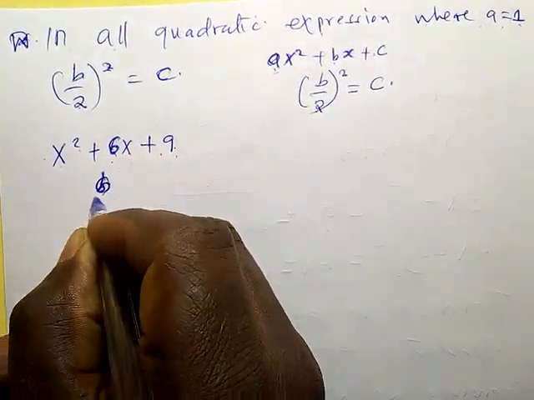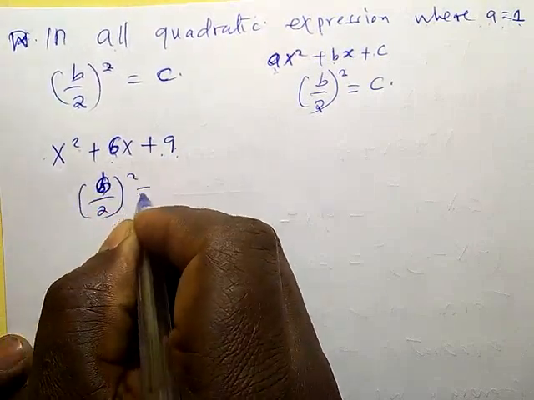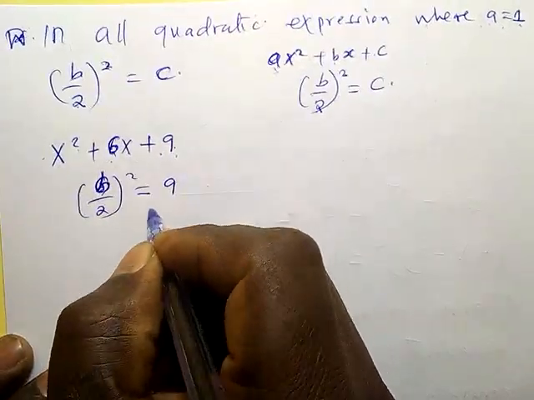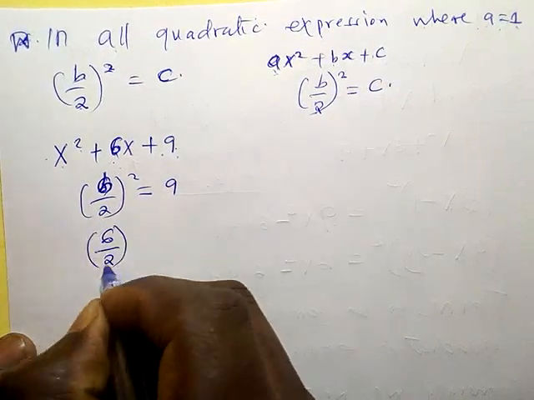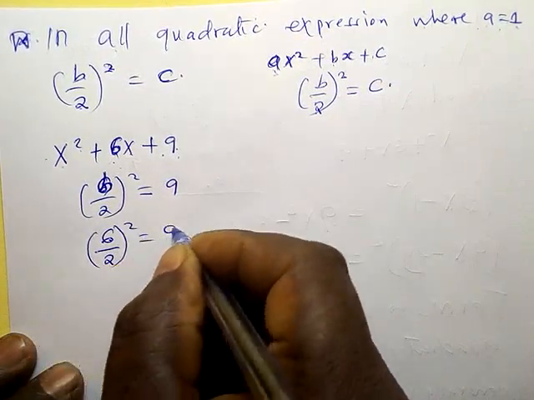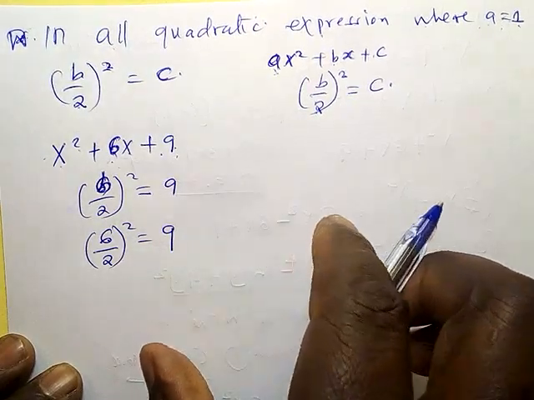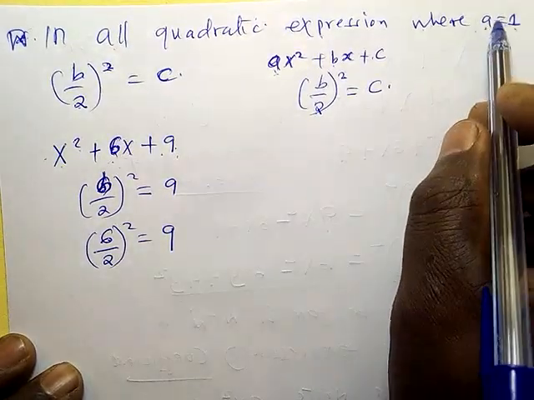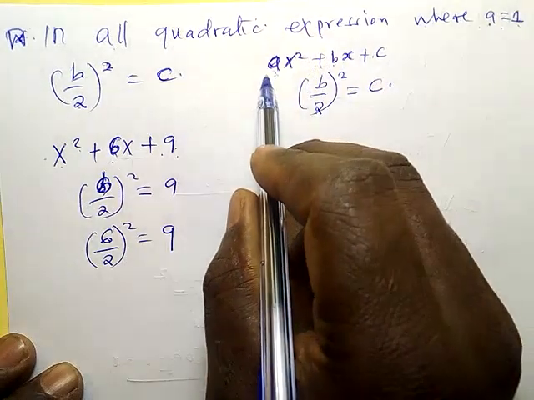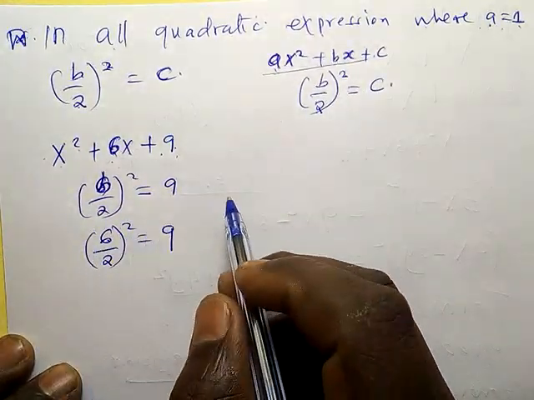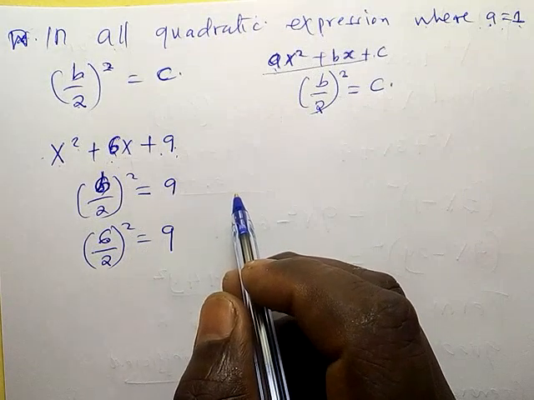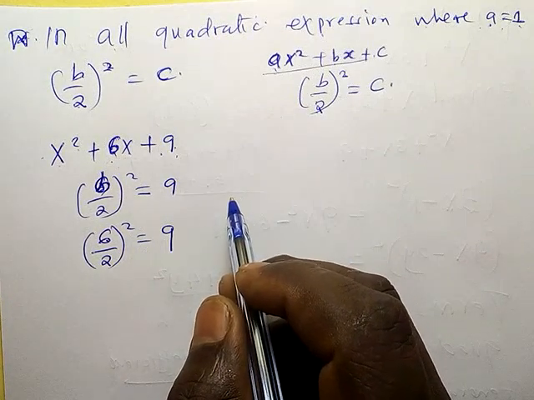So b divided by 2 squared, the answer should be 9. Now b is 6. 6 divided by 2, the answer is 3. 3 squared, what is that? 9. For all expressions where a equals 1, this is always true, if it is a perfect square.